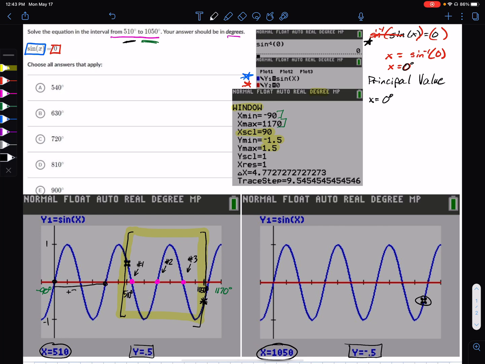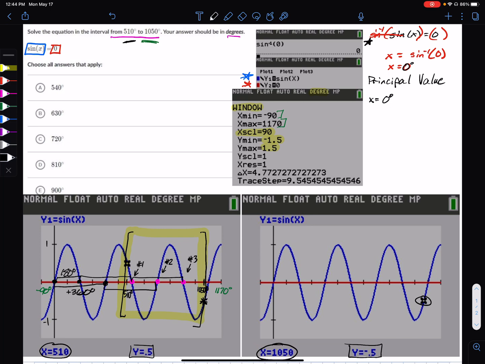So if I add 360, I'm going to get to that next point right away. But it's even better than that, because of the way sine cycles, this ratio of 0 happens at 0 degrees, but it also happens at 180 degrees. So there are actually two patterns going on here, and all the solutions are going to land 180 degrees apart.